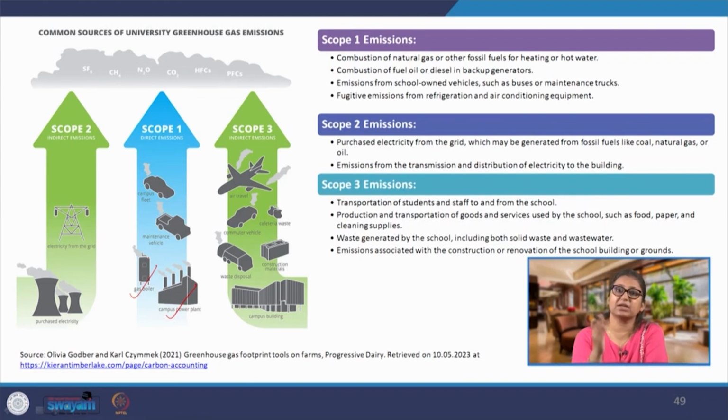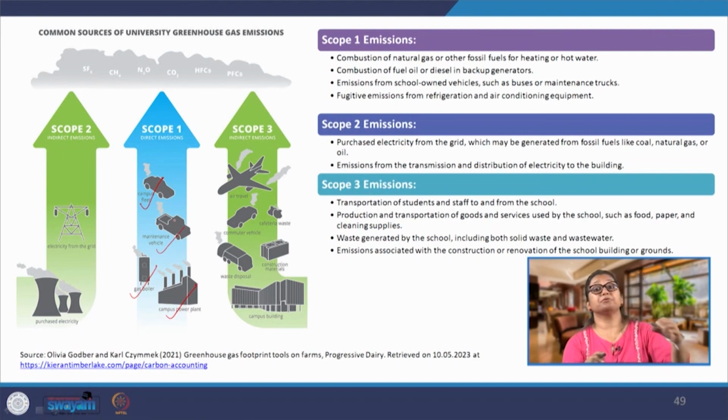But if some other conventional fuel is burnt to provide for the heating, then that is going to be accounted for here in direct emissions. Then we will be having the campus fleet of vehicles and the maintenance vehicles, all of that, the emissions resulting from that is scope 1.